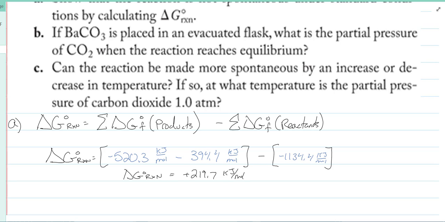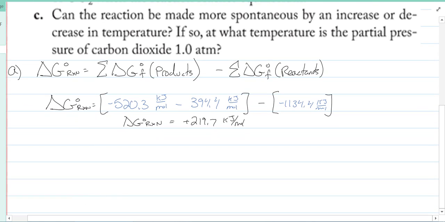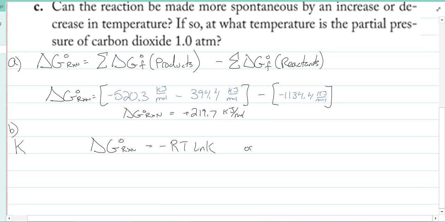So that's A. B. If barium carbonate is placed in an evacuated flask, what's the partial pressure of CO2 when the reaction reaches equilibrium? Well, there you go. So we're looking for K. We know delta G standard, this is B, is equal to negative RT natural log of K, and we're looking for K here.